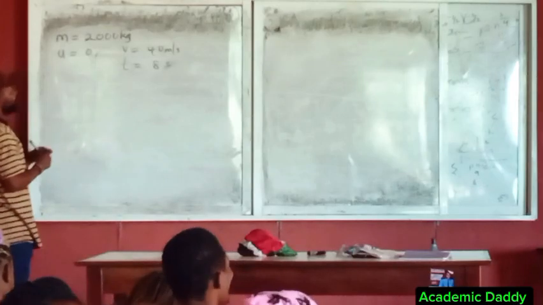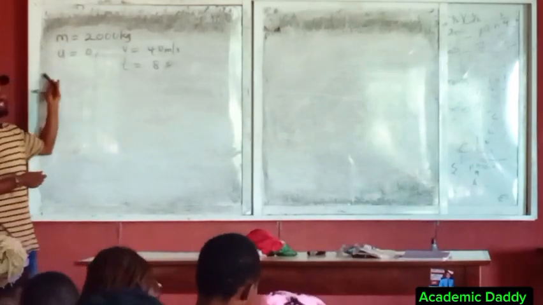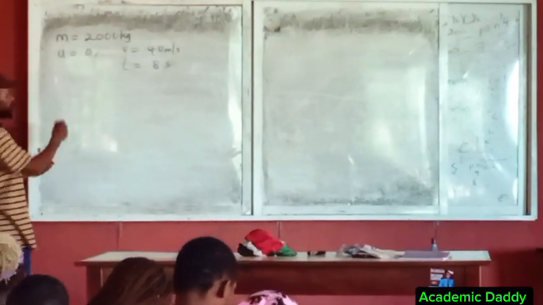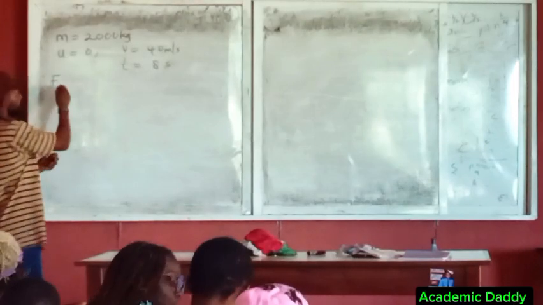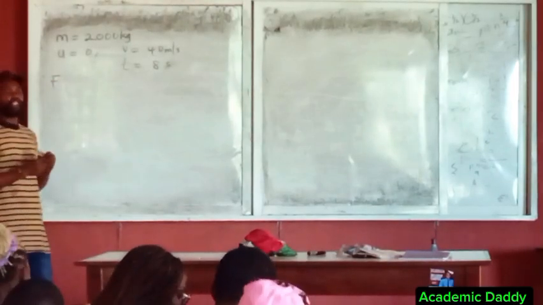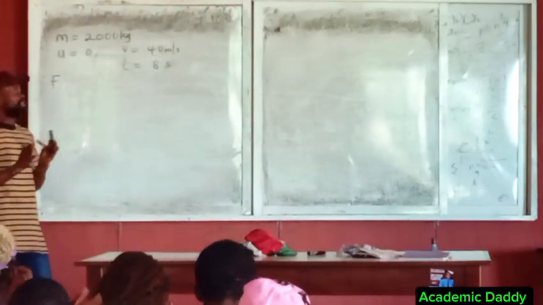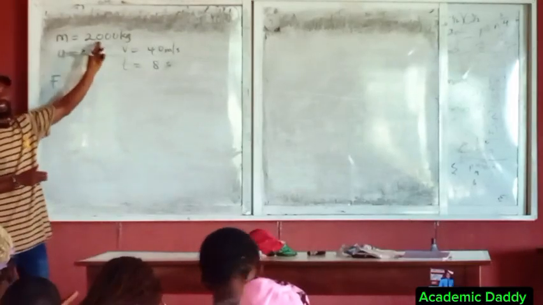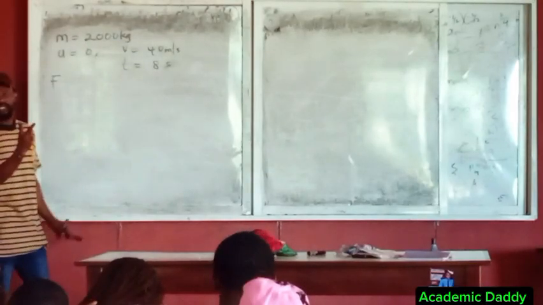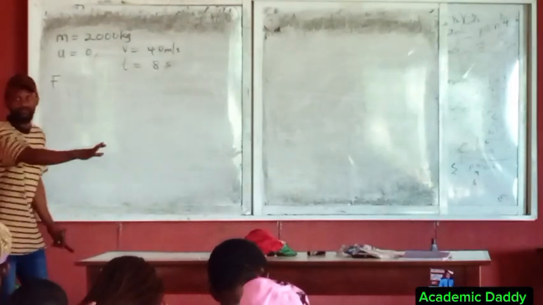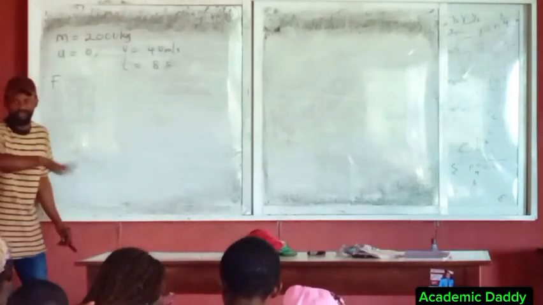So what do they ask us to find in this question? The balance force F. I will let F naturally, provided they did not tell us about friction, and they did not tell us about two bodies. If they told us about two bodies, that's when we talk about F1, backward force and forward force.